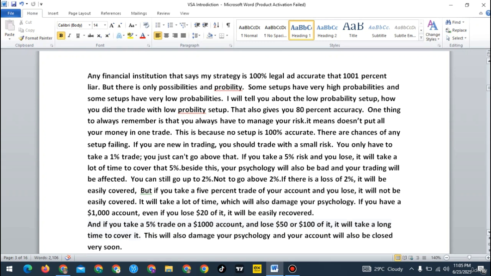You can still go up to 2%, but not above 2%. If there is a loss of 2%, it will be easily covered. But if you take a 5% trade of your account and you lose, it will not be easily covered. It will take a lot of time, which will also damage your psychology.